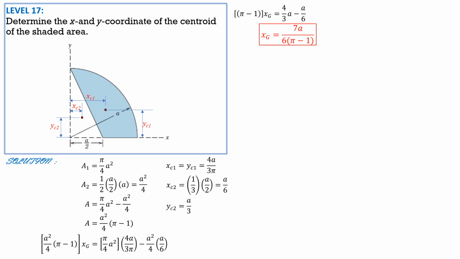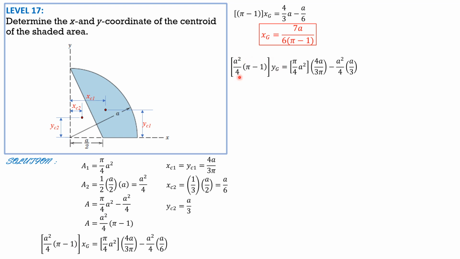Similarly, for the y coordinate, a square over 4 times quantity (pi minus 1) yg equals area 1, pi over 4 a square, times yc1, 4a over 3 pi, minus area 2, a square over 4, times a over 3. Cancel out a square over 4 again.